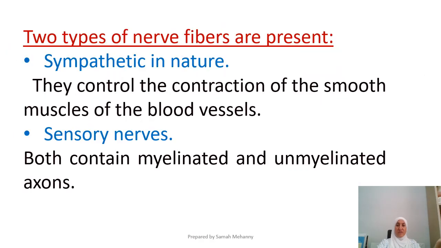The nerves are sympathetic in nature or sensory. Sympathetic nerves control the contraction of the smooth muscles of the blood vessels. Of course, we have no muscles in the pulp, but the smooth muscles exist in the wall of the blood vessels, and sensory nerves are for sensation. Both contain myelinated and unmyelinated nerves.